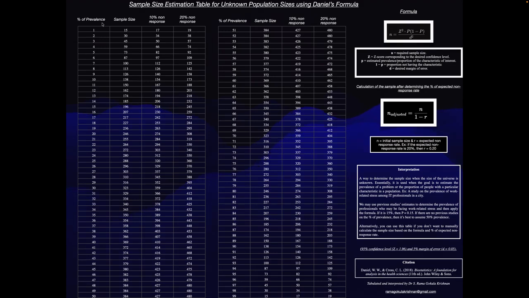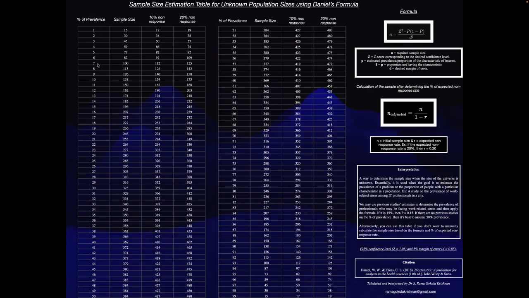So for example, let's say I'm going to do a study on the prevalence of work-related stress among IT professionals in a city. However, I do not know the size of the population, that is, I do not know how many IT professionals there are in the city. Nevertheless, I have examined existing literature, and it tells me that the prevalence might be around 7%.